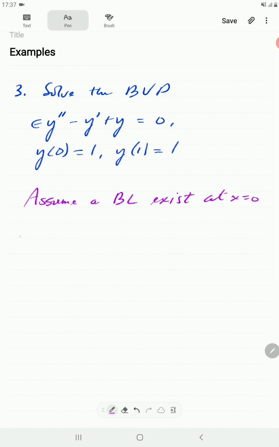Then the outer solution, which should be valid around x equals 1, is going to be governed as follows.